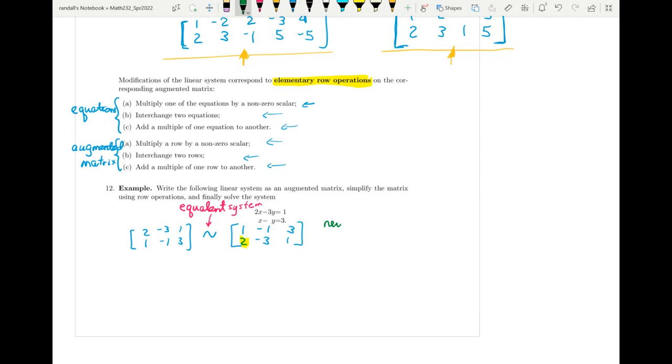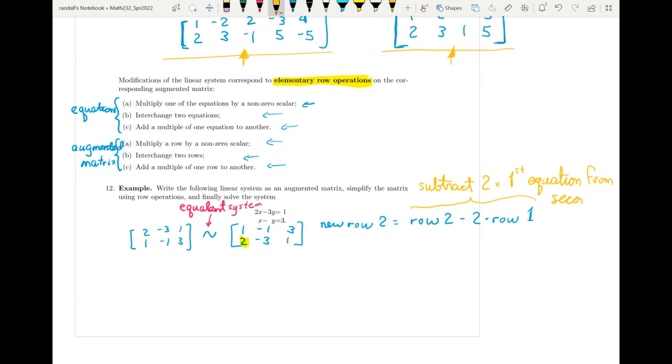So the new row 2 equals, I did row 2 minus 2 times row 1. In other words, I subtracted 2 times the first equation from the second equation. Maybe I'll write that down here too, just to make sure you know what I'm doing. So I subtract 2 times the first equation from the second.